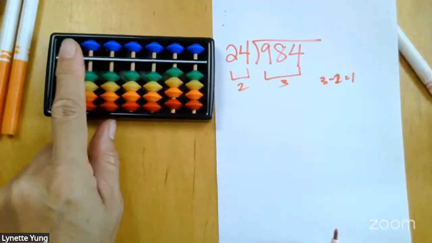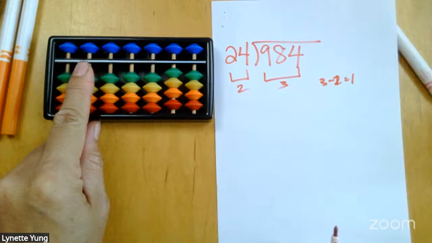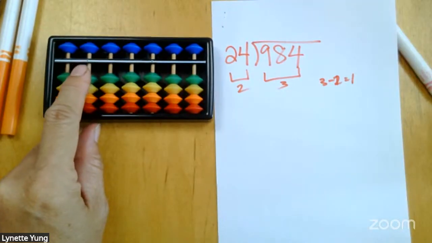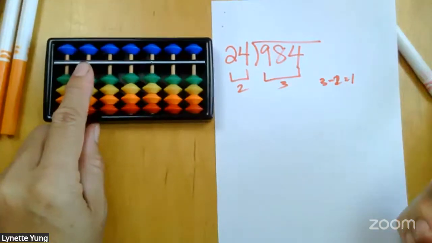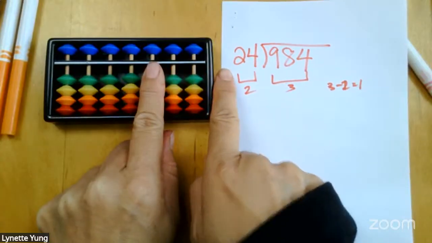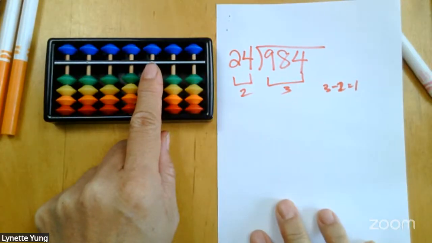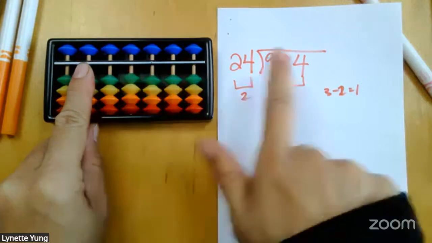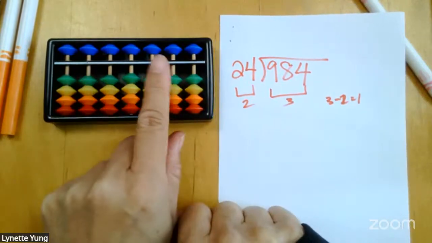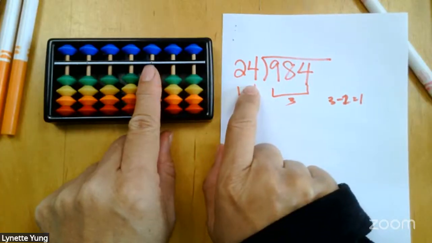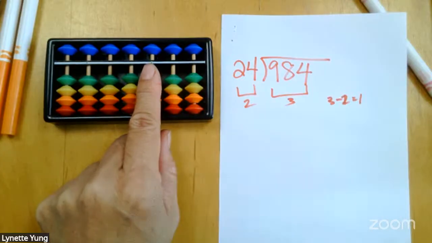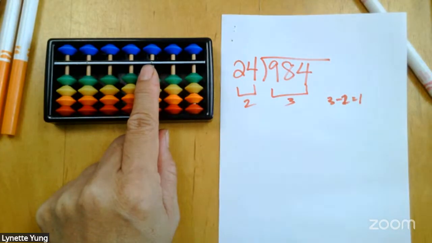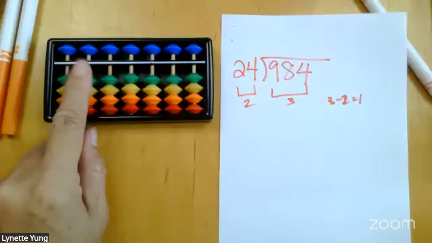I would go here, because if I go there I have no more room to subtract and no room to put my dividends. That's why you need to be column flexible. So I'm going over here.